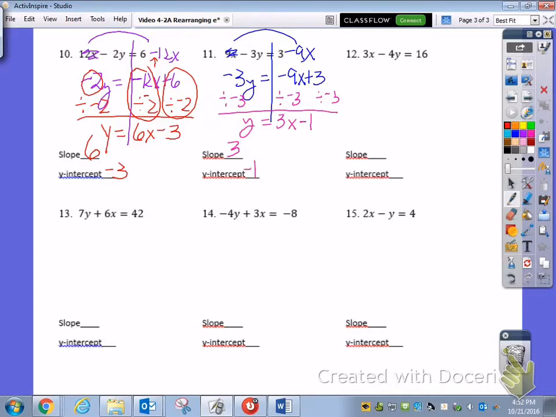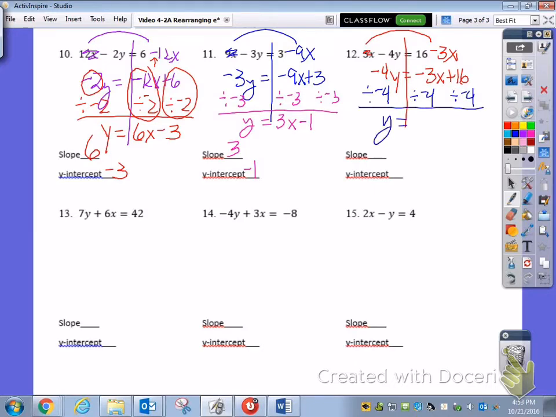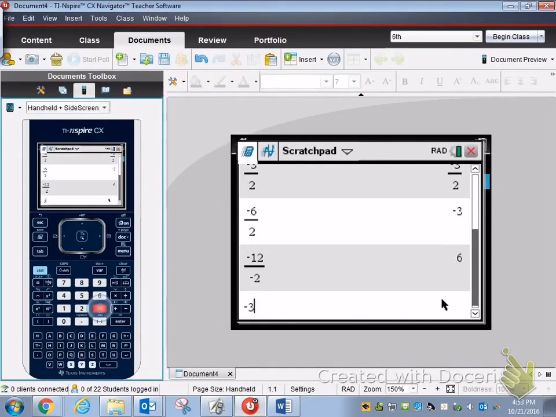Okay. Same thing. Move the x over, minus 3x. So negative 4y equals negative 3x plus 16. And then I have to divide everything by negative 4. Okay, so y equals, now on this one, I'm going to type that in so you can see, again, it's just always doing the same thing, negative 3 divided by negative 4.